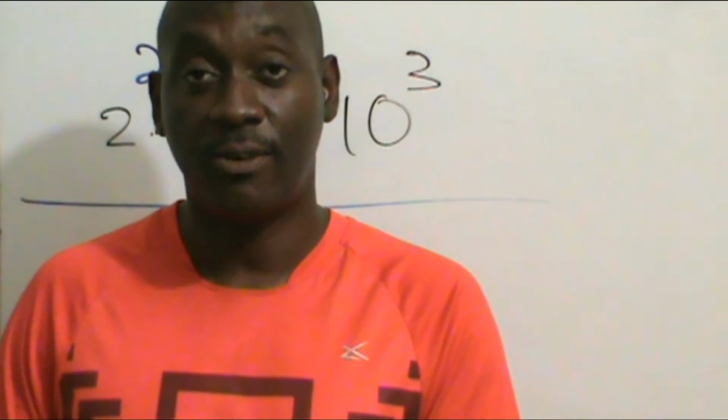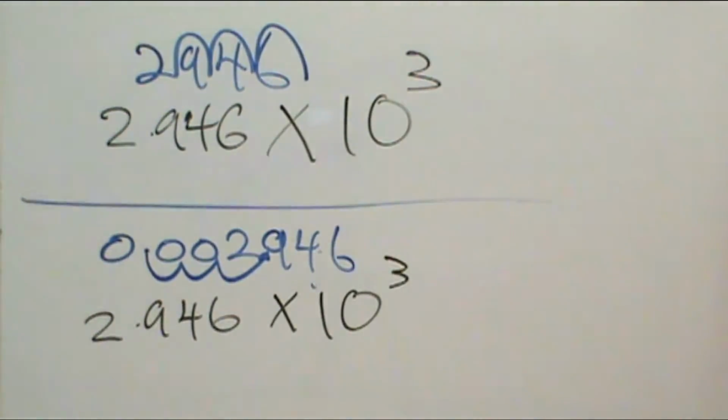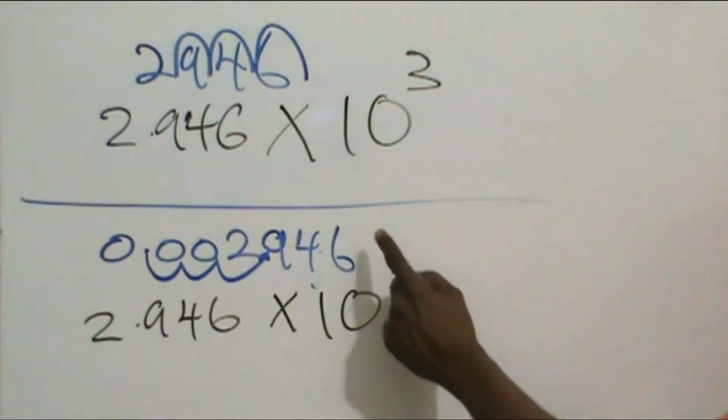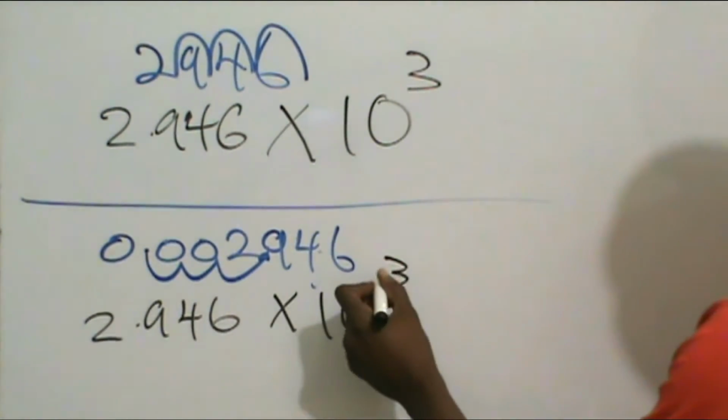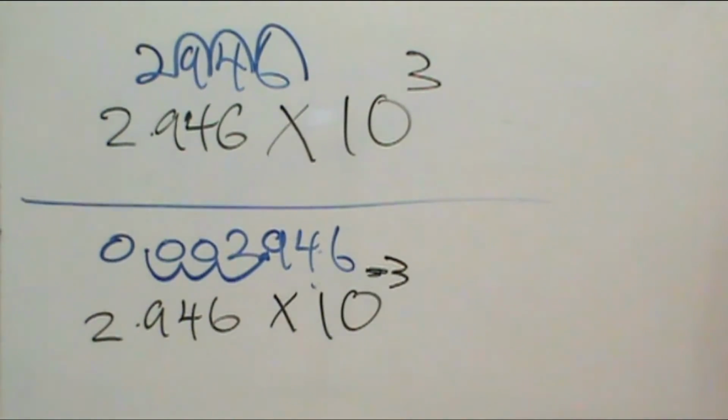Must, by definition. In other words, you're starting off with a fraction, a number between 0 and 1. So, using that guide, we know that in this number, the power would be minus 3.